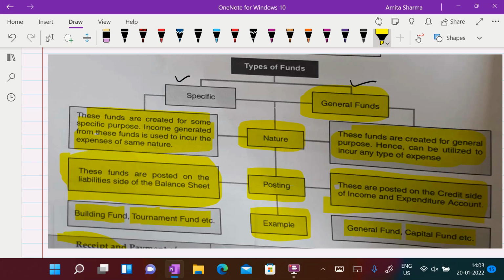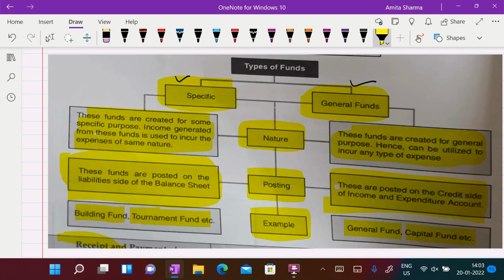So this is all about the types of funds. You all have to understand the difference between specific fund and general fund while you are preparing the NPO's final accounts, not for profit organization's final accounts. You should recall and understand the basic difference between all the funds, dear students.